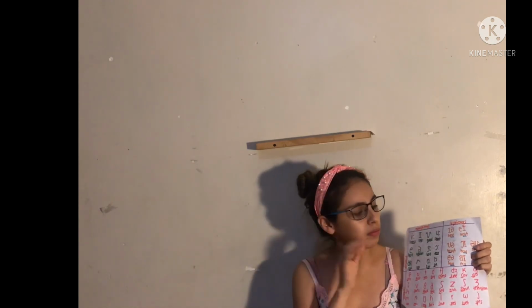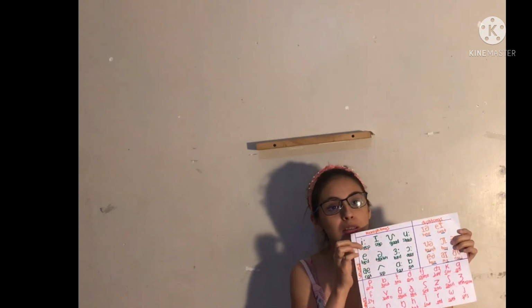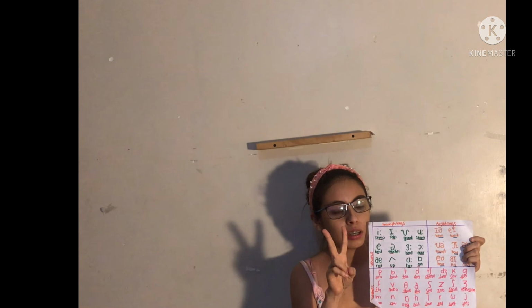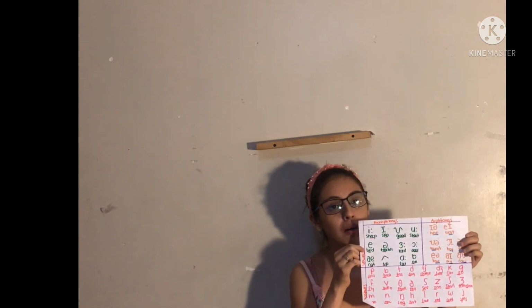How can we tell if the vowels are long or short? Long vowels have two dots.